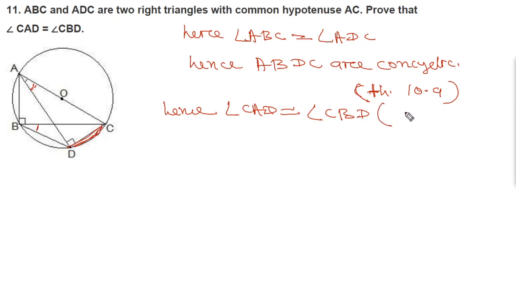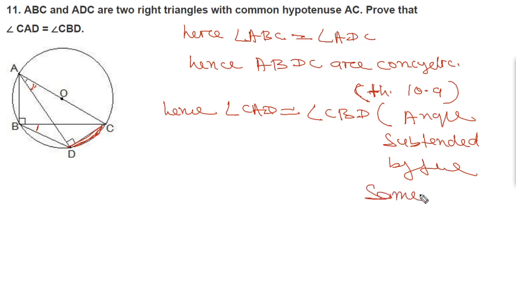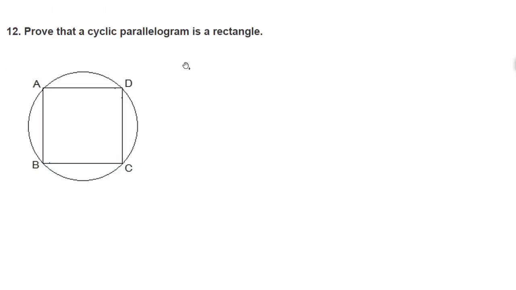You can write angles subtended by the same segment. So this is a very simple and easy solution, just 2 to 3 lines. Now I will move to the next question.